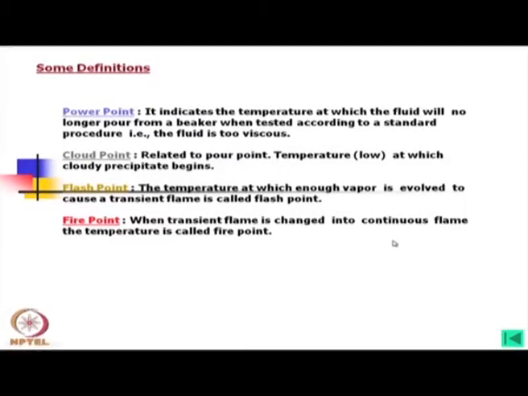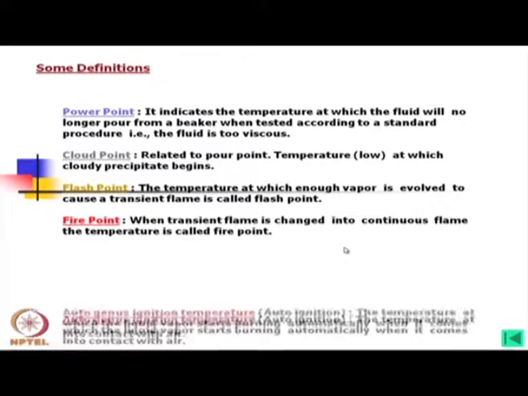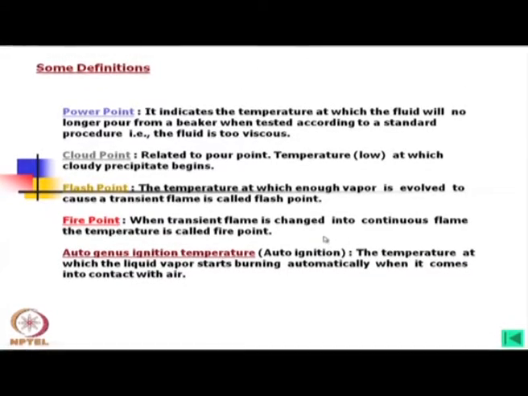Now, there is one important factor. At the fire point, you will find that a flame is on the top surface of the oil, but still the whole oil has not caught fire. That point is called the autogenous ignition temperature, the temperature at which the liquid vapor starts burning automatically when it comes into contact with air.